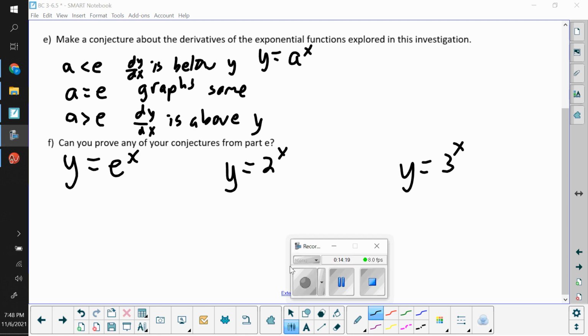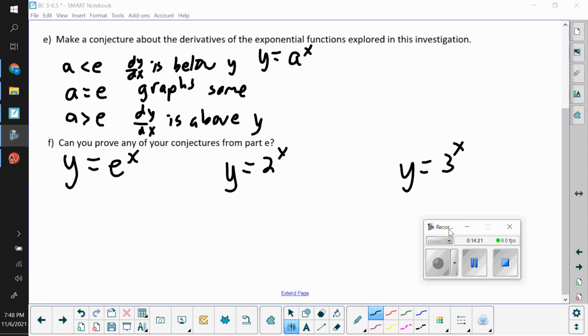So we're going to pause for 8 minutes. See if you can algebraically prove those 3 things that we just mentioned. Use techniques that we've done so far and see if you can figure out a way to prove that e to the x's derivative is the same graph, 2 to the x's derivative is below, and 3 to the x's is above. So we'll give you 8 minutes to do that now.